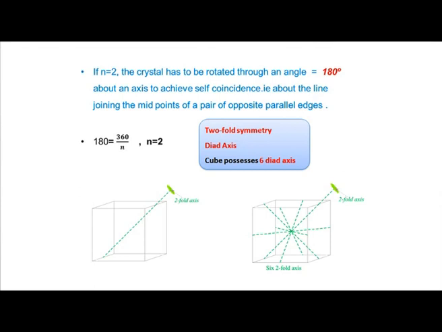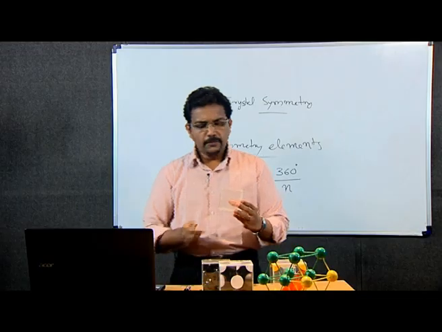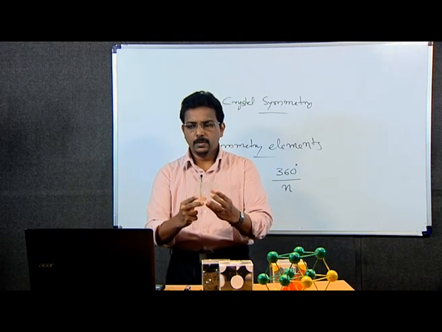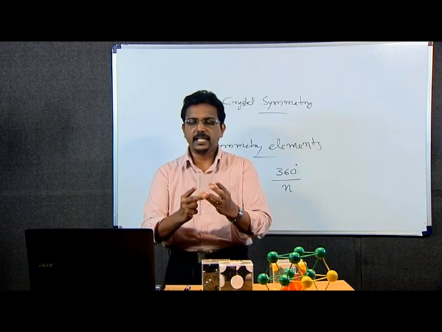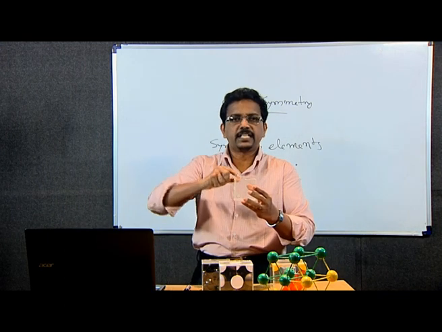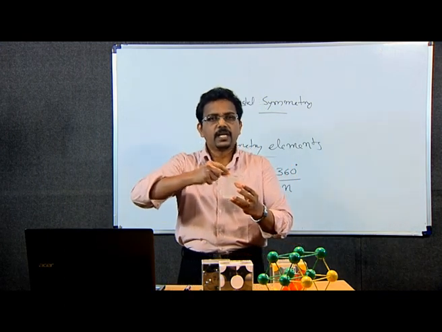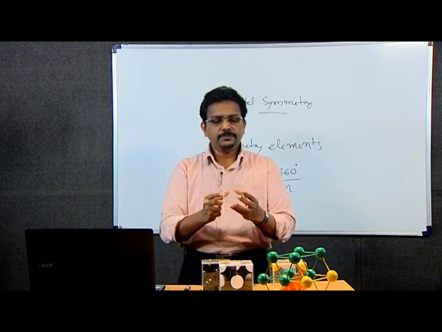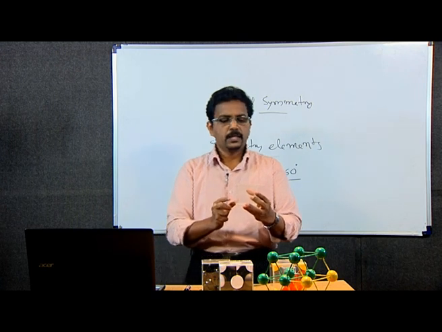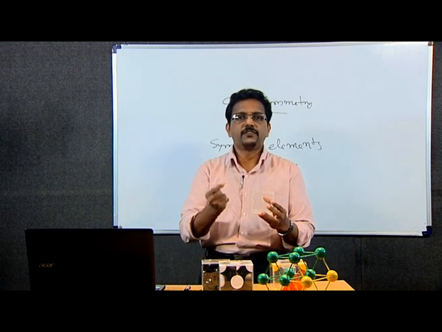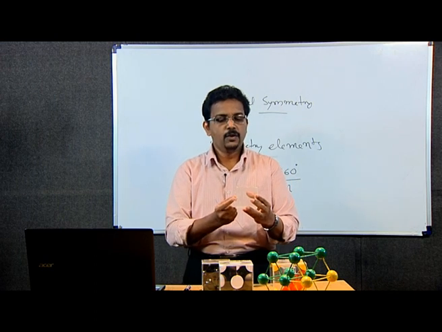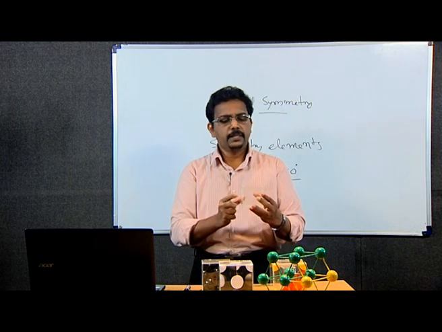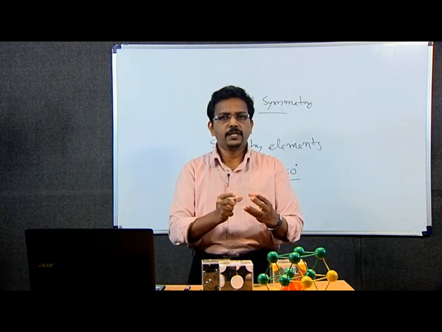So when you look into all these, is there any possibility of a 5-fold axis of symmetry for a cube, or any symmetry greater than 5, or greater than 6, or 7? That is another question. Now, everybody is discussing if there is a possibility of a 7-fold axis in a crystal. Of course, there are certain discussions going on. Can we see a 5-fold symmetry?